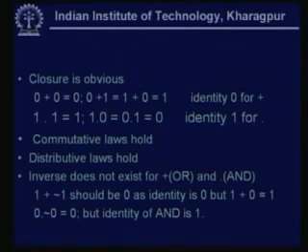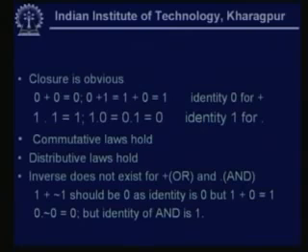Now, we see how the rules are applicable. Just now we have discussed the rules, the properties or postulates, and the first one is closure. If we take plus and dot as the operators, then closure is very obvious. See that here the two elements are only 0 and 1.